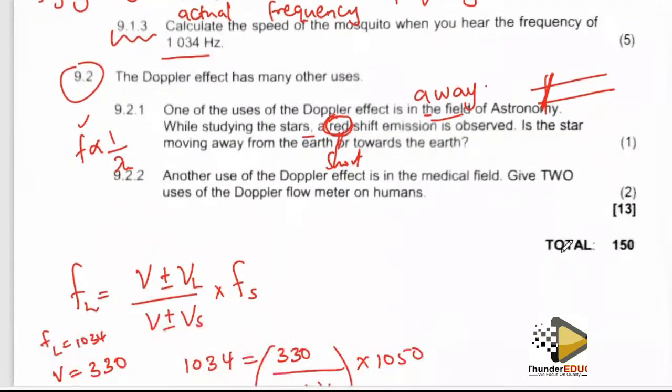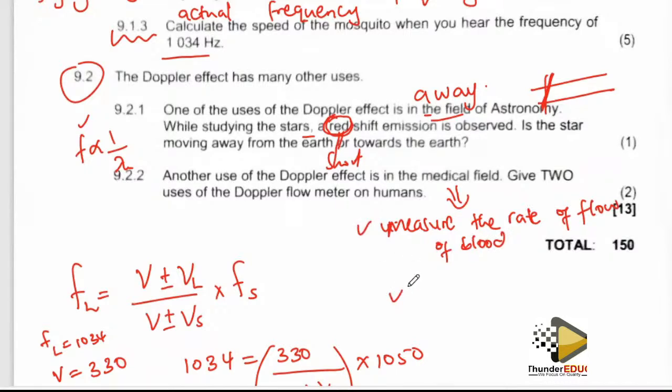9.2.2, they're telling us another use of Doppler is in the medical field. Can you give 2 uses of Doppler flow meter in humans? One, it can be used to measure the rate of flow of blood, the rate of blood flow. And then it can also be used to monitor the heartbeat of the fetus.